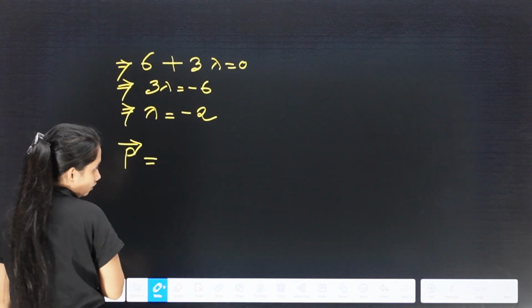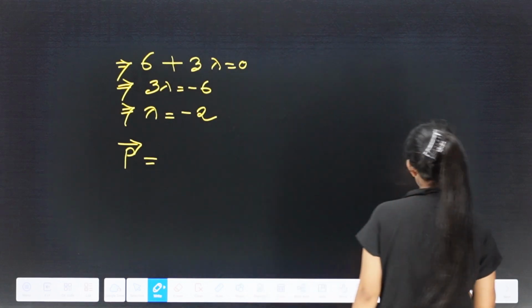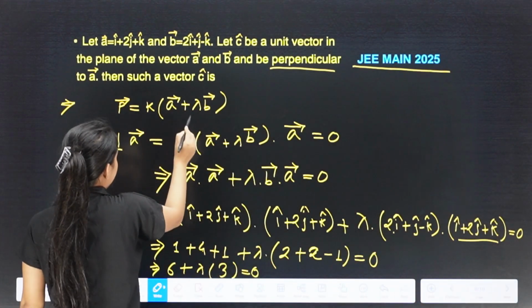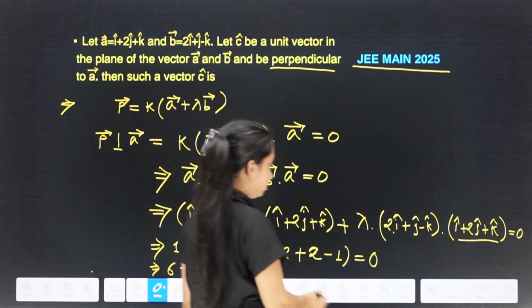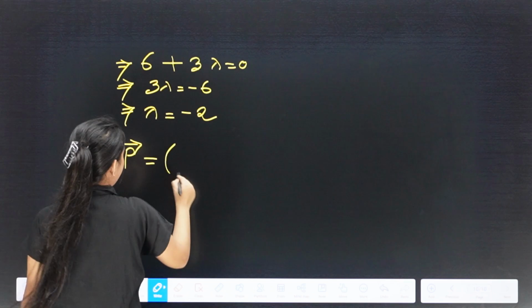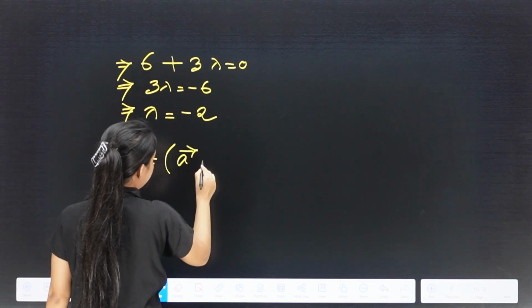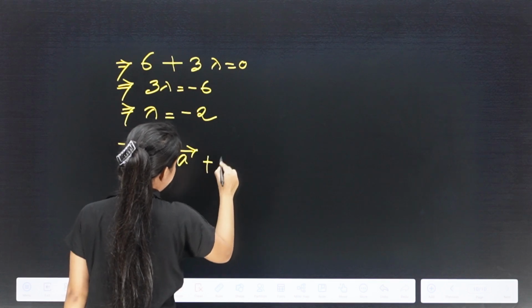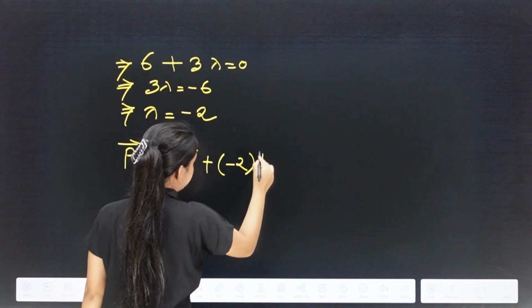So what we had before, p vector is k a plus lambda b, that is, with k equal to 1, a plus lambda b.